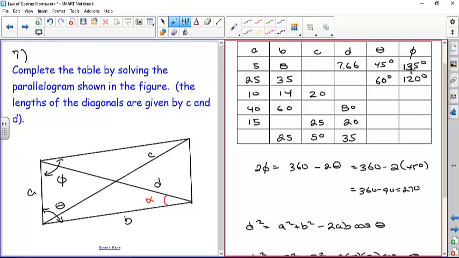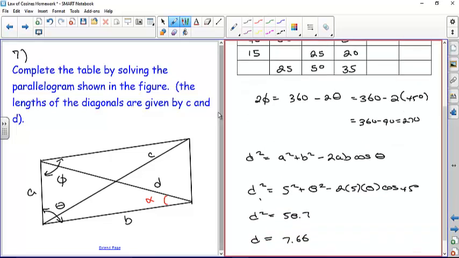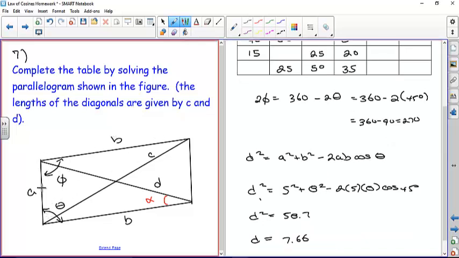And you can do the same thing with phi being 135 degrees. So what we're doing is now doing this triangle. We still have A and B, but we have phi being 135 degrees.